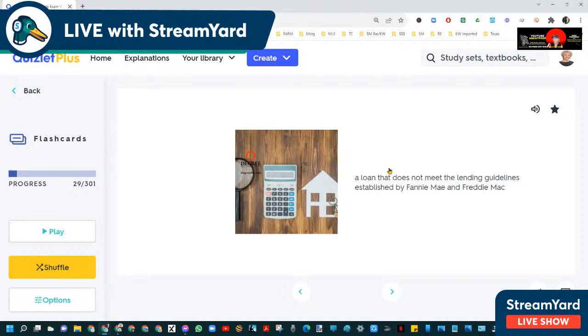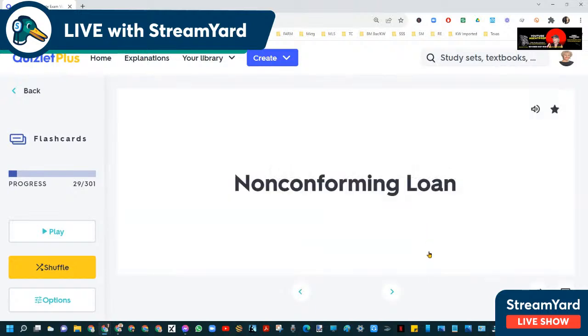So it's a type of loan. And it doesn't meet what? The lending guidelines that Fannie Mae and Freddie Mac establish. Non-conforming loan. Okay, let's go back.